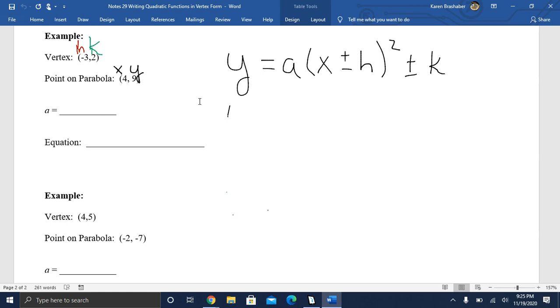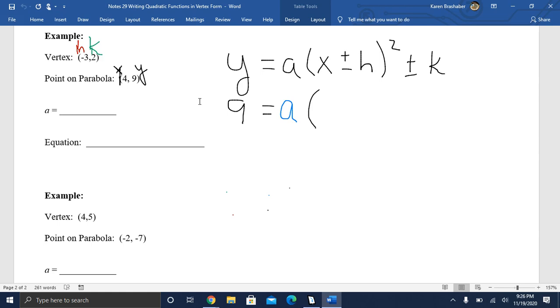So we have for our y value, so I'm going to look over here, what I labeled, I have a 9 for my y value. I just erased it. I'm going to put it back. So 9 equals, A is my one variable. In fact, I'm going to put it in a different color. I'll make it blue. This is my one variable that I don't have a number for. That's what I'm going to solve for.